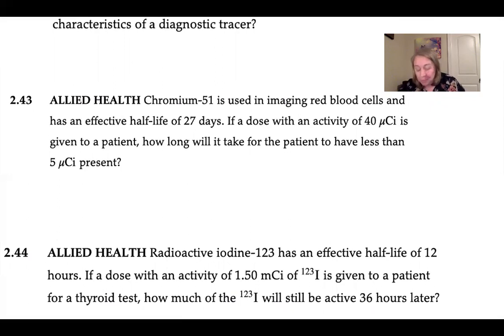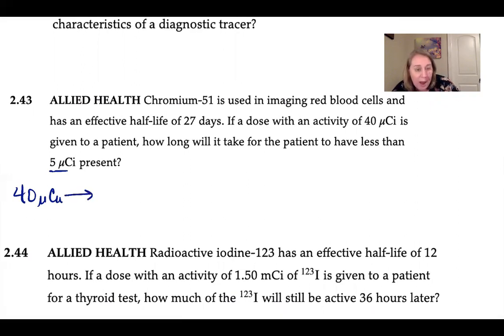Okay. So this one, you actually have to kind of do this. What are you starting with? You're starting with 40 microcuries. And I want to get to the point where I'm down to 5. So what I have to do is keep doing half-lives and see what happens.